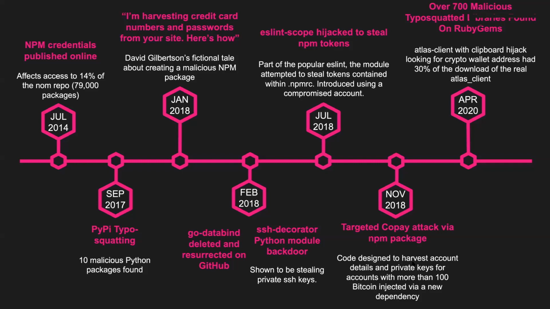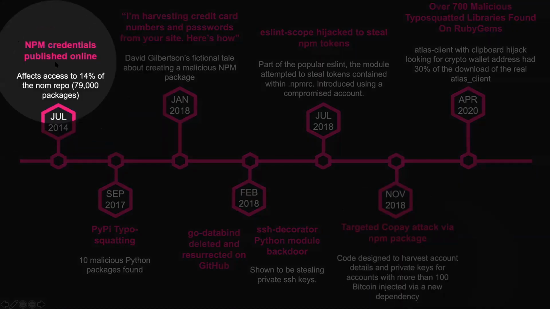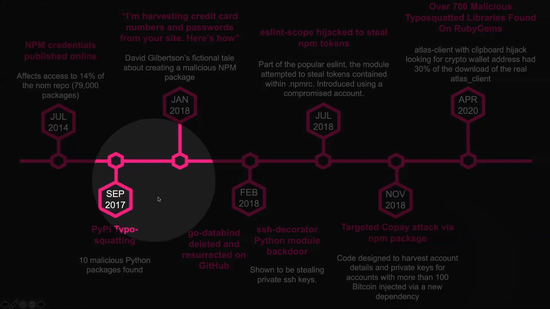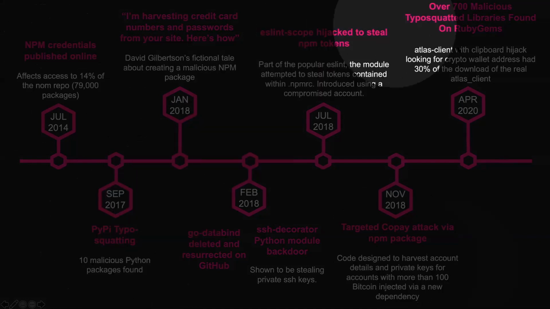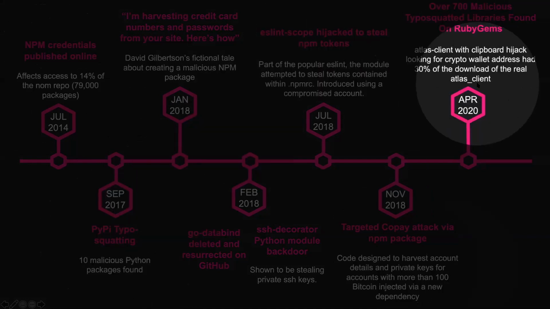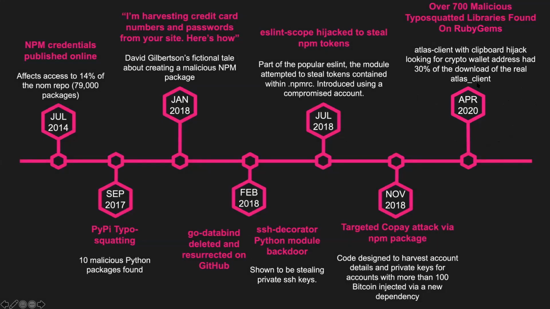But there are targeted attacks, from things like people accidentally publishing their npm credentials and people using them, right through to typosquatting, so PyPI, and only very recently Ruby gems as well. That was this week, we heard about Ruby gems.